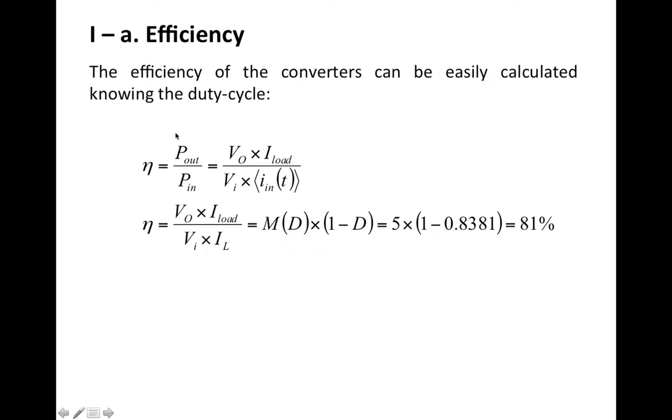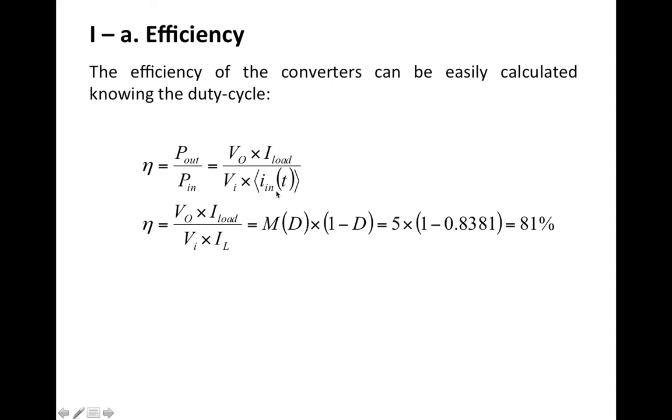So with this duty cycle, we can calculate the efficiency of the converter. We know that the efficiency is the ratio of P out over P in, the output power to the input power, and that can be written as the output voltage times the load current divided by the input voltage times the average of the input current.